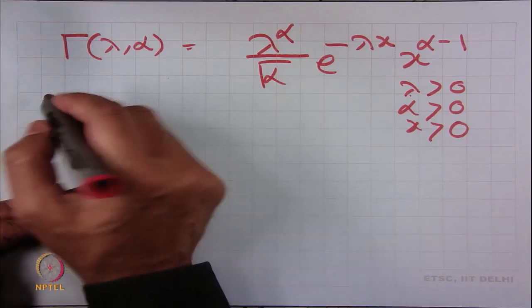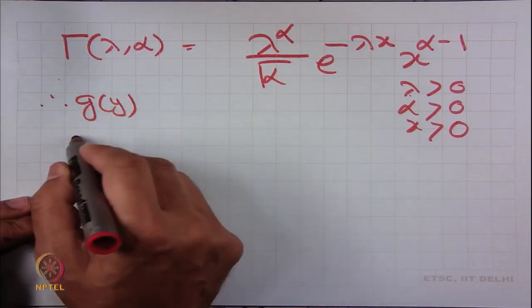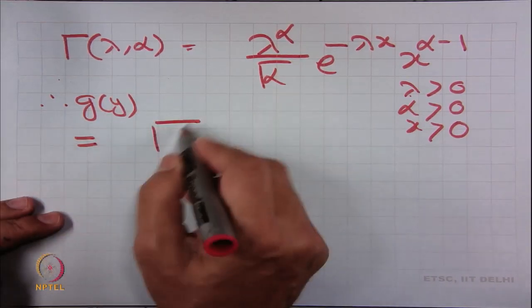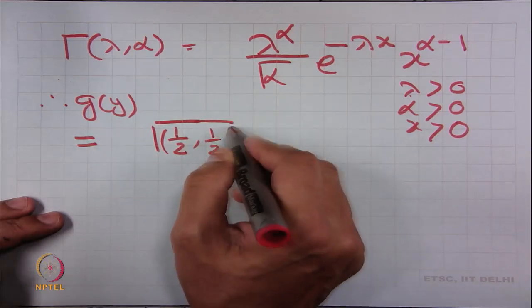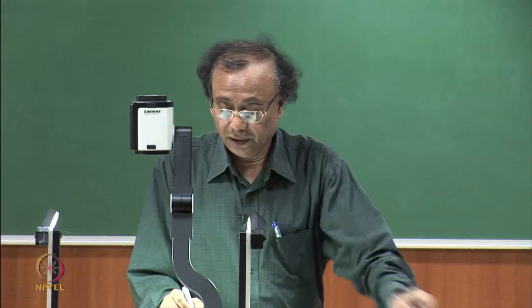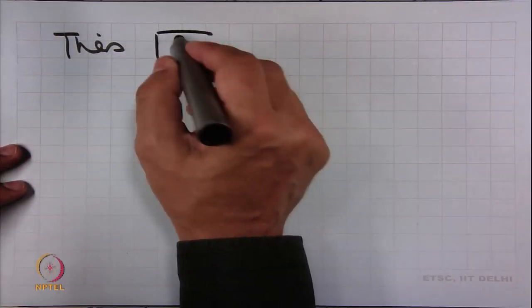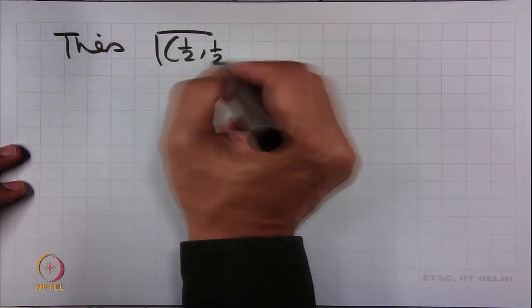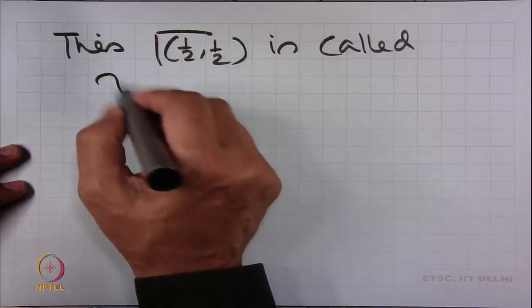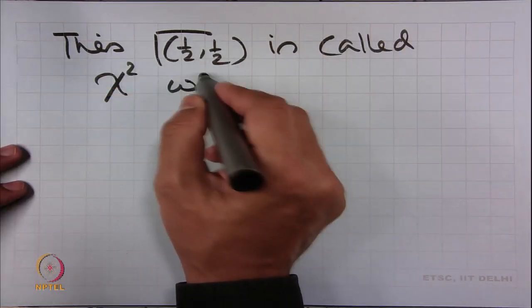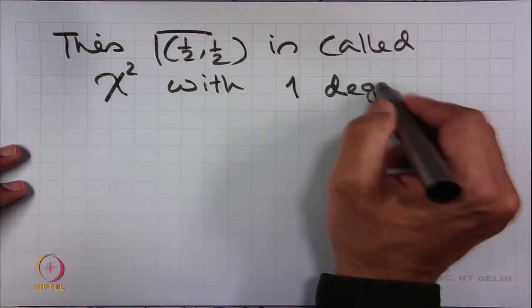Therefore, we can say Y is actually gamma half comma half. This gamma half half is called chi-square with 1 degrees of freedom.